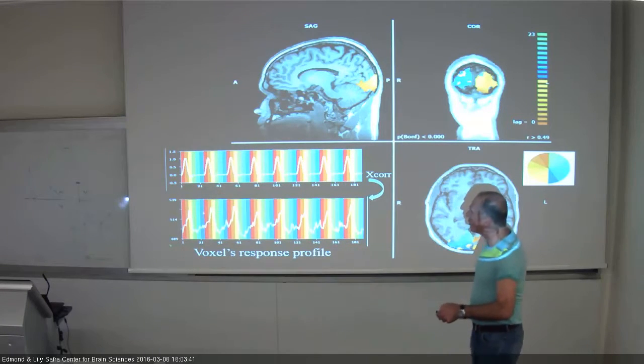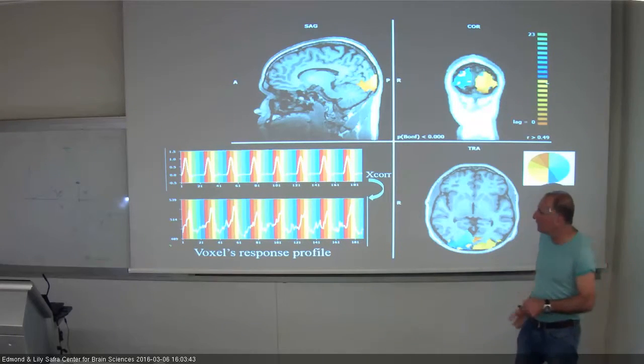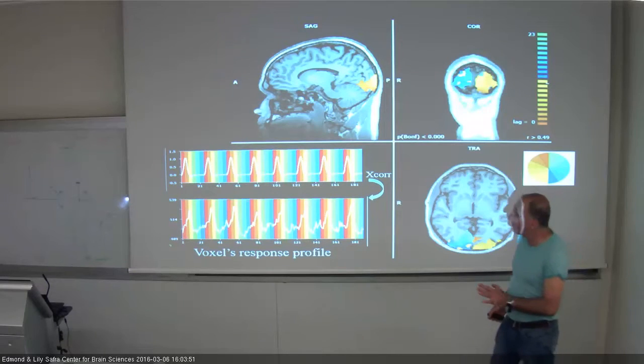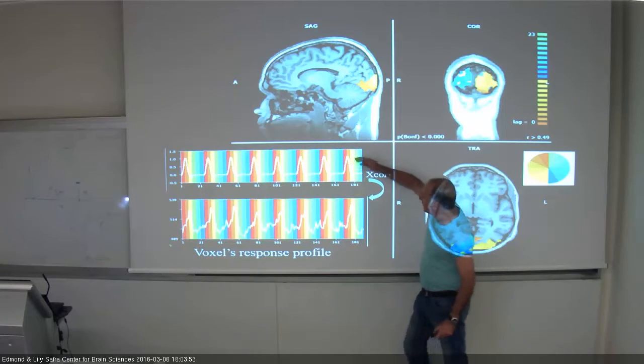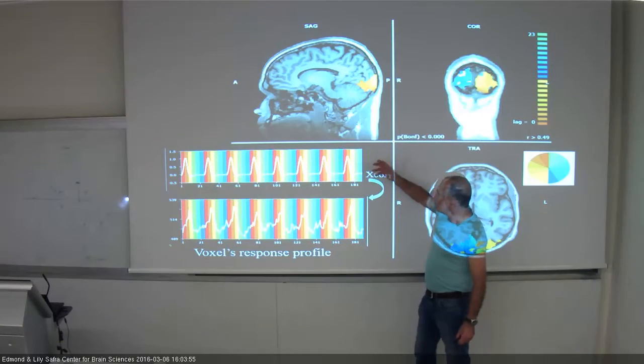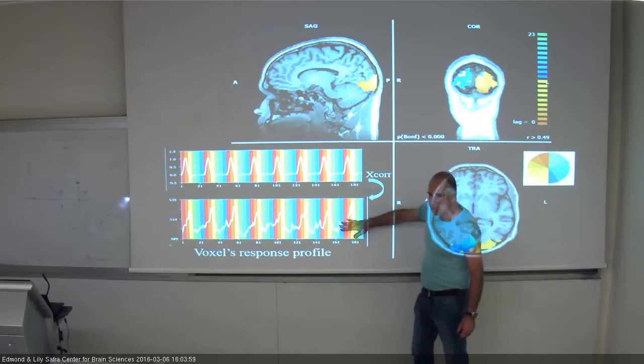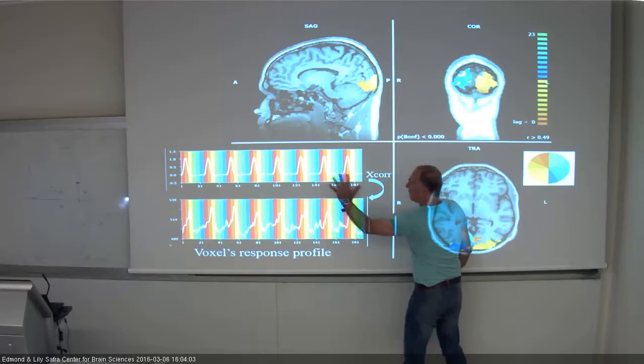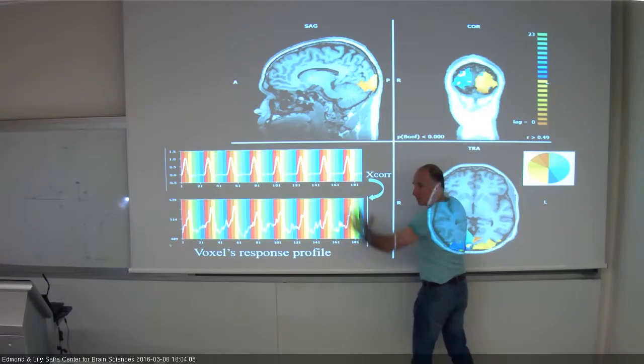So when we say cross correlation, what do I mean? We take this model function here, and we cross correlate it with the actual data that we have received. Meaning that we're looking at the degree of fit between this function and this response, and we shift this function every time by one lag, and do this again, right?